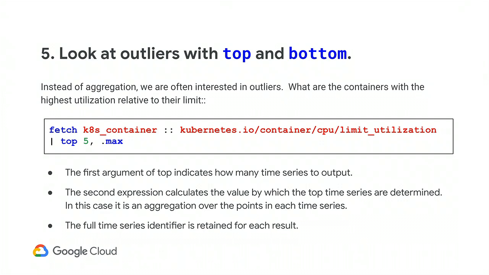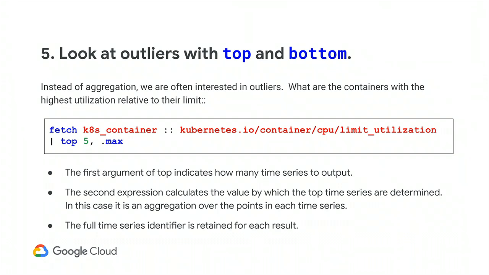And one of the things that you might want to do is to look at outliers. That's always a lot of fun, particularly if your aggregation says, well, there's something wrong. Maybe you want to see if there's something wrong with specific things. So for that, you can use the top operation. It has 2 arguments. The first says, how many things do you want to see out of the collection of all the things? And the second says, here's how to select them.